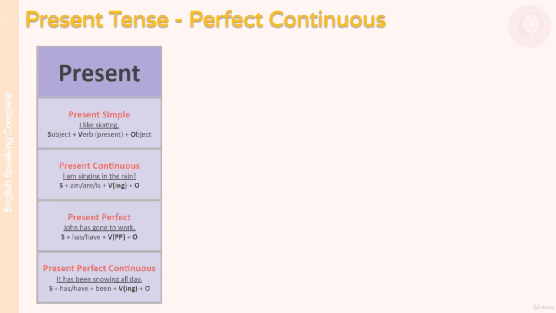We're now on to the present perfect continuous, also known as progressive. Quite a mouthful, quite a long name, present perfect continuous. But don't be worried, it's still just a matter of understanding the simple steps to making the structure.